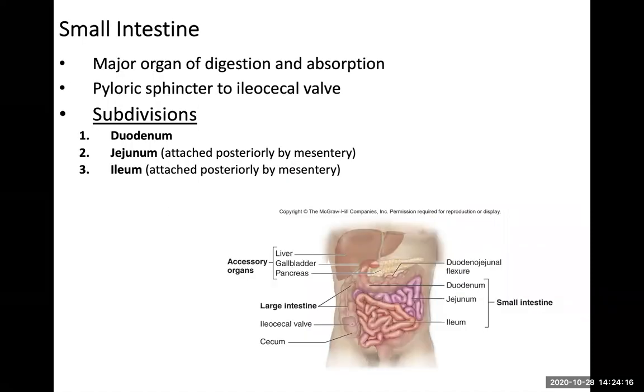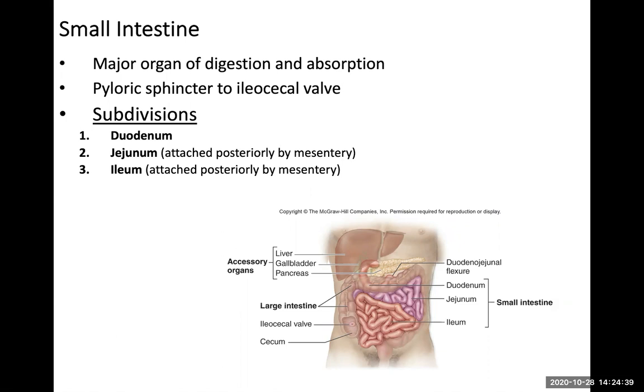So the duodenum, again, is the first portion of the small intestine that is connected to the stomach. This is the portion that receives the chyme from the stomach. It's a relatively short segment. Attached to the duodenum is the jejunum, which, as I mentioned on Monday, is where the vast majority of nutrient absorption and water reabsorption takes place.